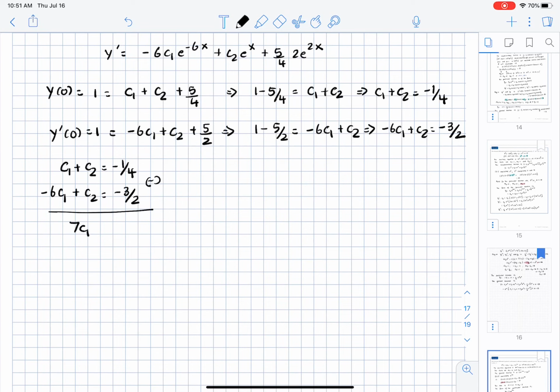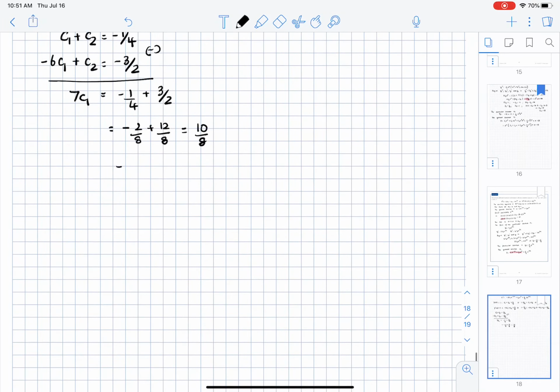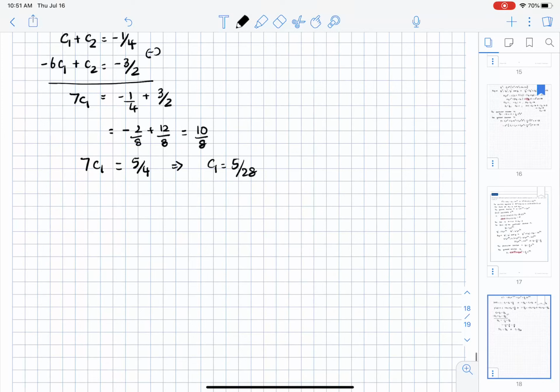7c1 would be equal to negative 1 over 4 plus 3 over 2. We need a common denominator, so we would have negative 2 over 8 plus 12 over 8, which should be 10 over 8. That is 5 over 4. So 7c1 is 5 over 4. c1 is 5 over 28. We'll take that and plug it in to find c2.